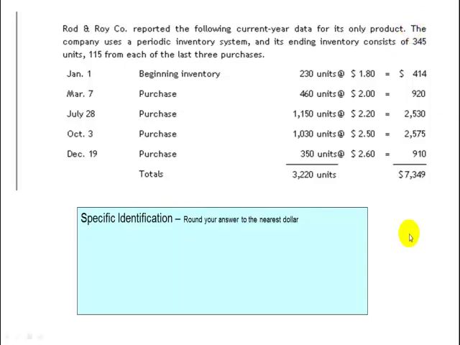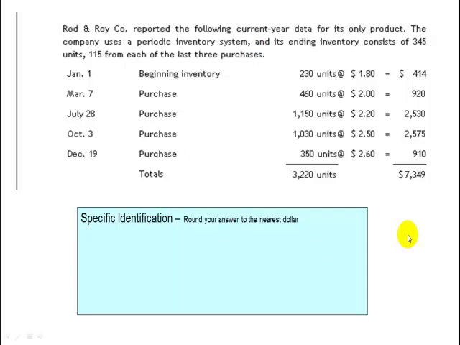It says the company uses a periodic inventory system and its ending inventory consists of 345 units, 115 from each of the last three purchases. That only applies to this method, specific identification. So let's figure this out.